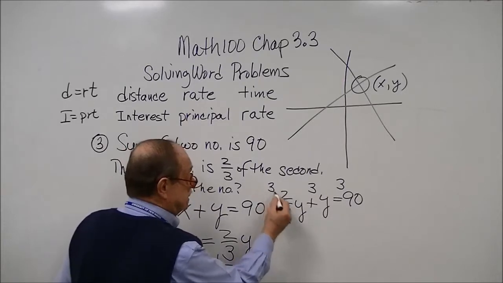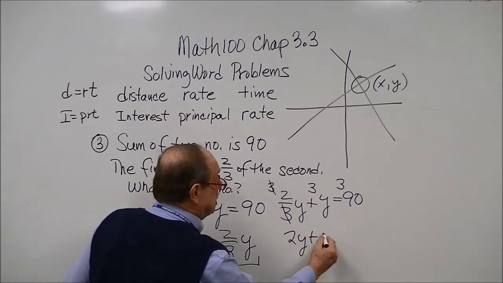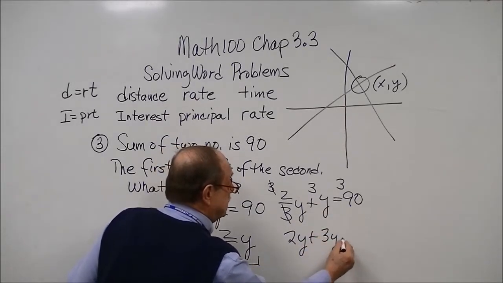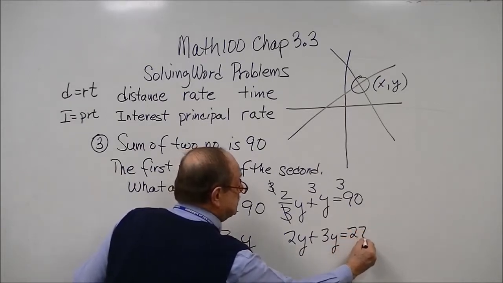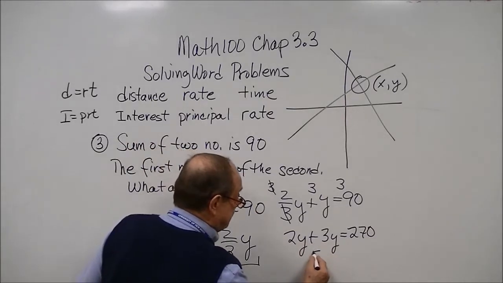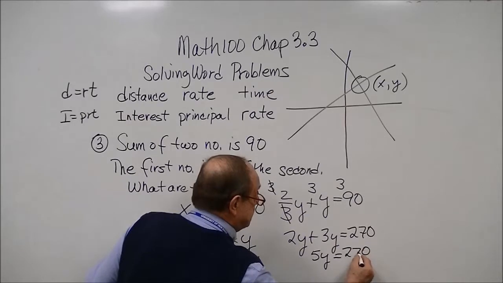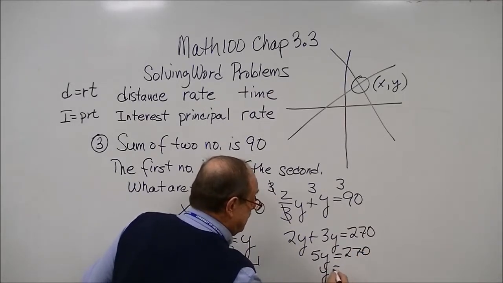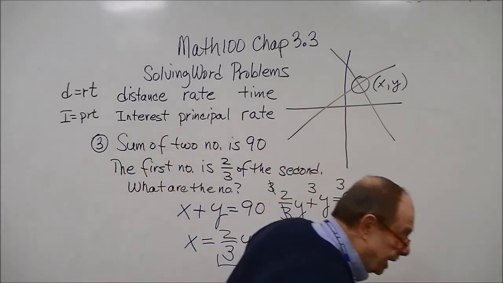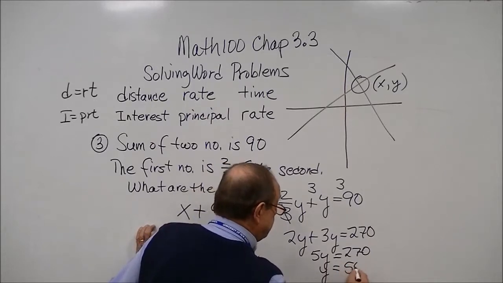Here the 3's cancel out, and we get 2y plus 3y equals 270. Add these together, we get 5y equals 270. Divide both sides by 5, and we get y equals 54.